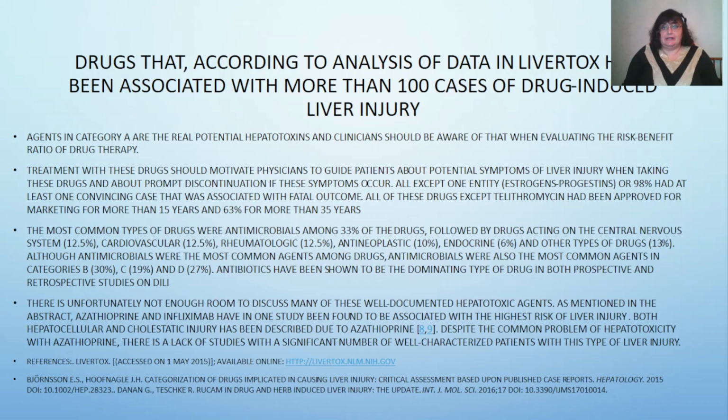The most common types of drugs were antimicrobials, among 33% of the drugs, followed by drugs acting on the central nervous system, cardiovascular system, rheumatologic, antineoplastic, endocrine, and other types of drugs. Also, antimicrobials were the most common agents among drugs.